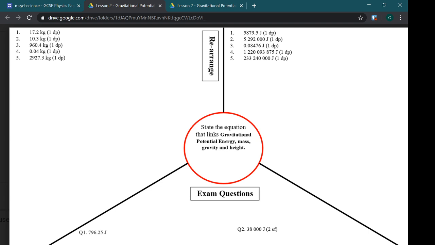So I'll leave this up for you guys to do. On number 3, for rearrange, is that the final answer? Hang on, let me just double check because I did this really quickly.